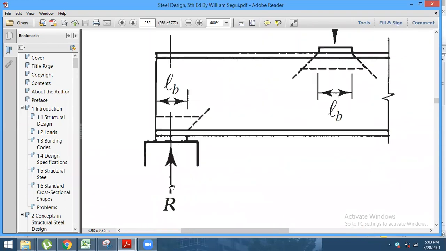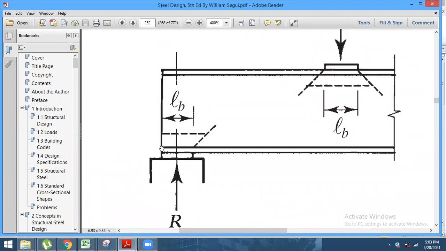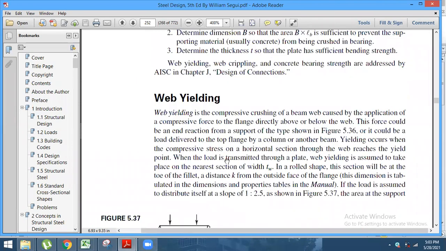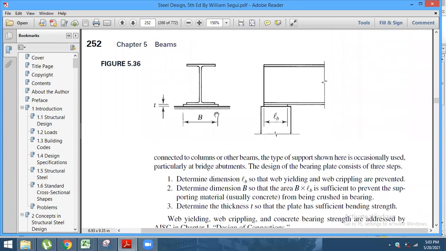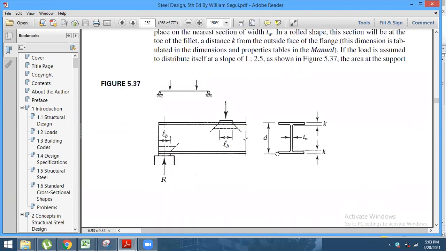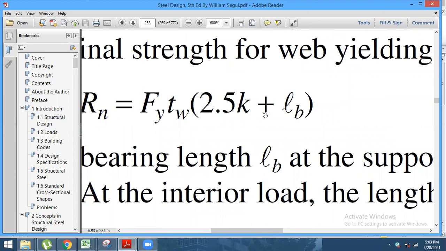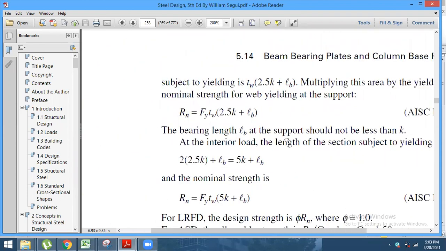Stress equals force natin yung reaction over by the area. Area natin will be LB multiplied by B. Okay? So therefore, for the web bearing at the support, that is stress na Fy equals R at the support divided by the thickness of the web multiplied by 2.5 K plus the LB.